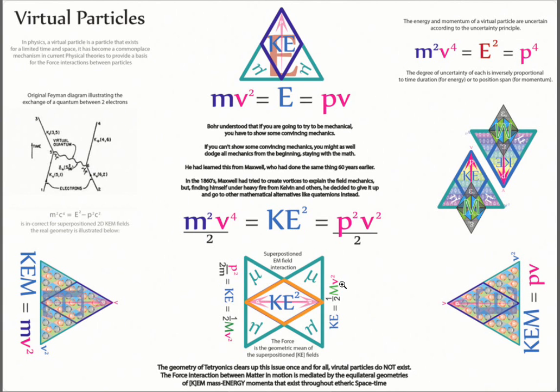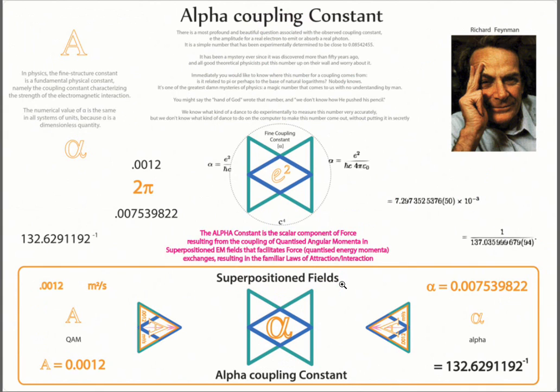As we increase the number of equilateral mass energy geometries by the Compton frequency, we increase the alpha of the fields interacting, and again the alpha is the equilateral geometry or the fine structure coupling constant, familiar to all in quantum electrodynamics, and it's the interaction of the geometries, either convergent or divergent, that gives us our laws of force and the directions of force in physics.